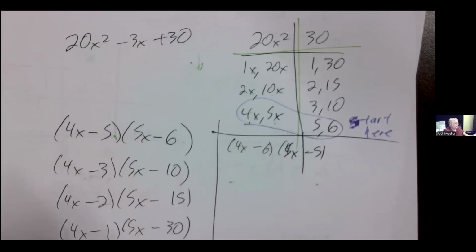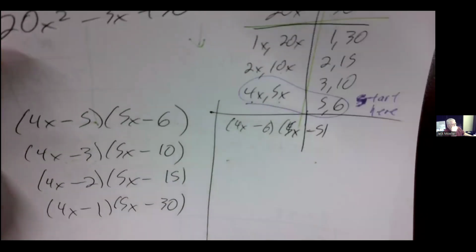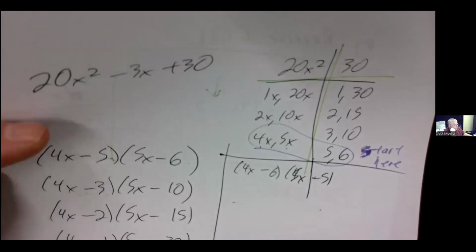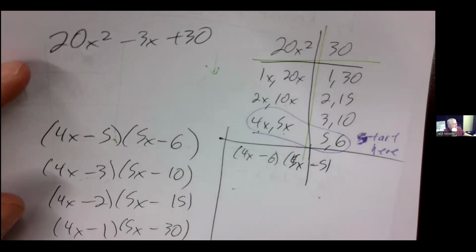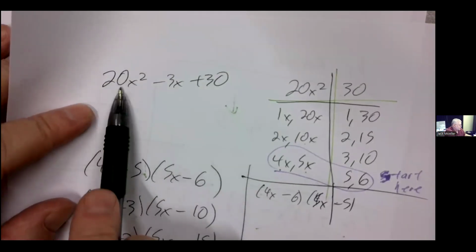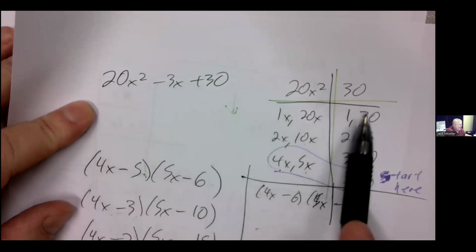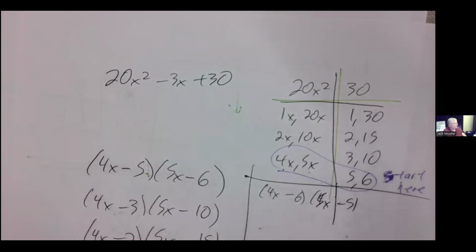Okay. So this is where reverse FOIL can get messy. If you're systematic in how you do your guesses, you can still do reverse FOIL. But for a lot of people, that's not the preferred way once we get into these messy numbers, when there's a number in front of the x squared and you have a lot of possible factors. Okay. So that is that.